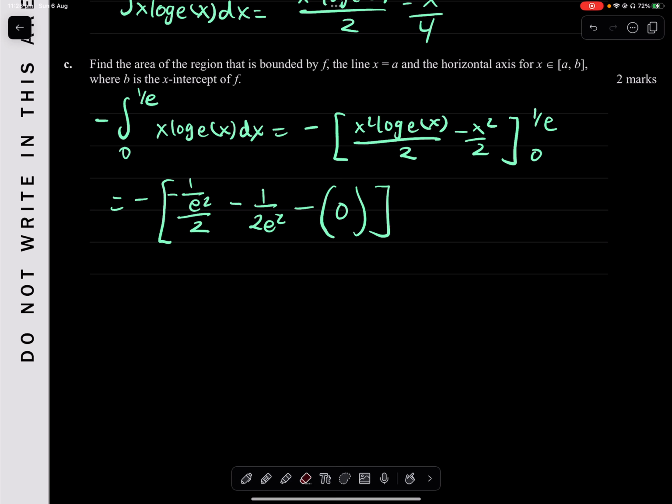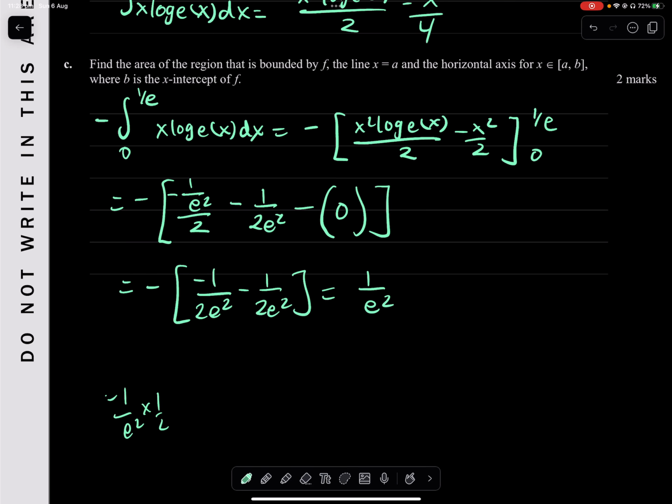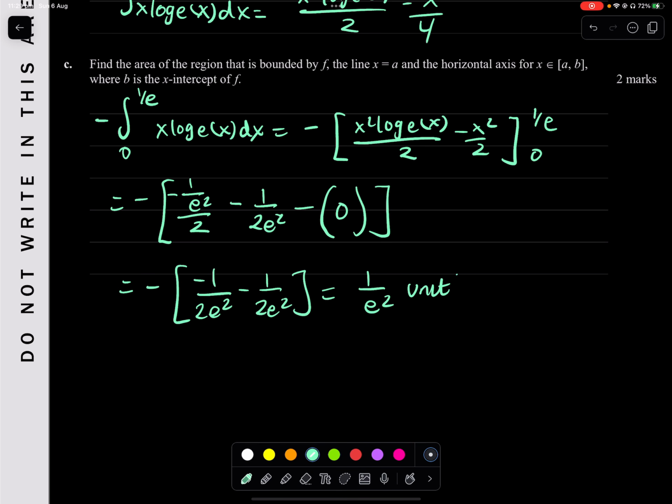Let's simplify this more. So it'll be negative 1 over e squared divided by 2, so it's times half. So it's 1 over 2e squared minus 1 over 2e squared. These cancel out, and then there's the negative. So yeah, 1 over e squared. That's your area. Done. Units squared.